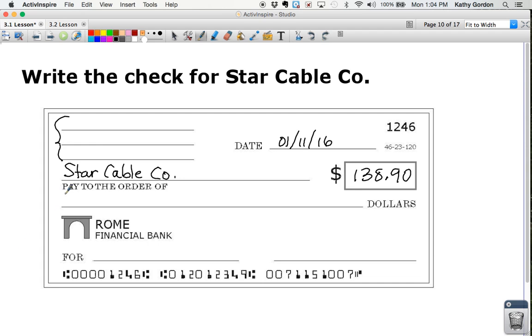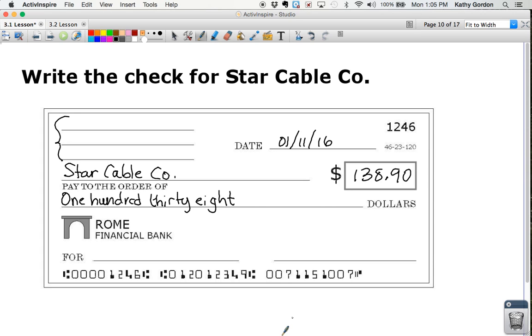So we actually have to write 138, and then dollars are already here, so we don't have to write the word dollars, but we do have to show the cents.